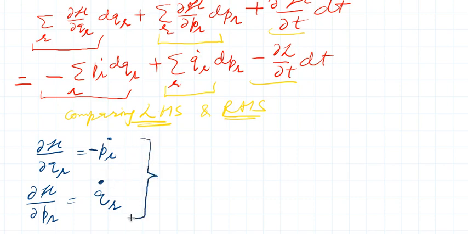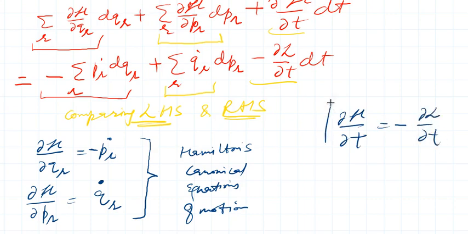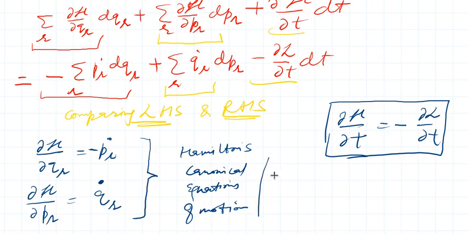These two equations are collectively known as Hamilton's canonical equations of motion. Additionally, we are getting curly H over curly T equal to minus curly L over curly T. So this is a very simple way to derive Hamilton's canonical equations of motion, and these are sometimes simply known as Hamilton's equations of motion.